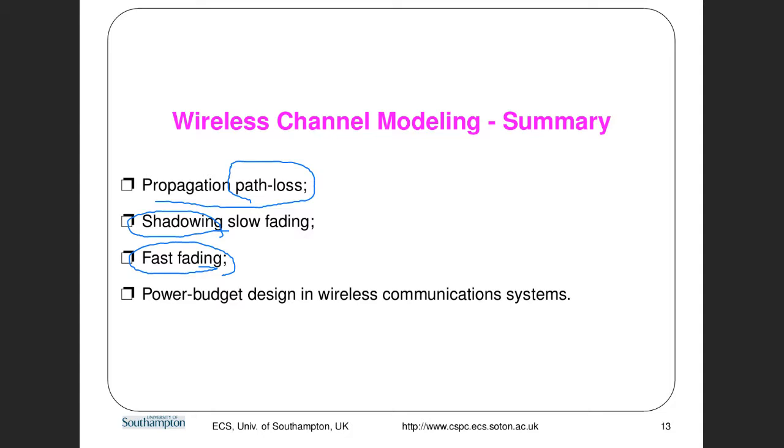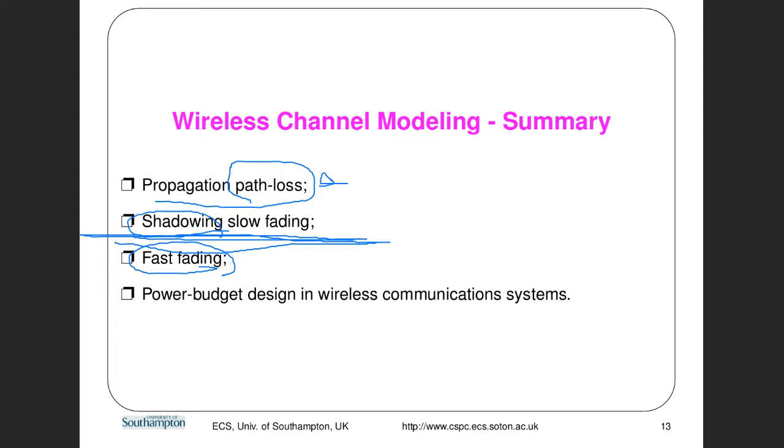For the first 2 levels, path loss and shadowing, we are mainly dealing with power loss of the received signal.